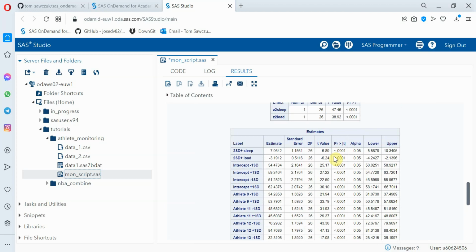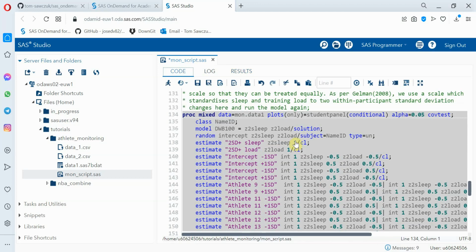So this is the model with training load included. We've had to standardize everything to a 2 standard deviation difference in sleep and a 2 standard deviation difference in training load. I have added the Gelman paper to the GitHub so you can read that paper and understand why we do things that way.